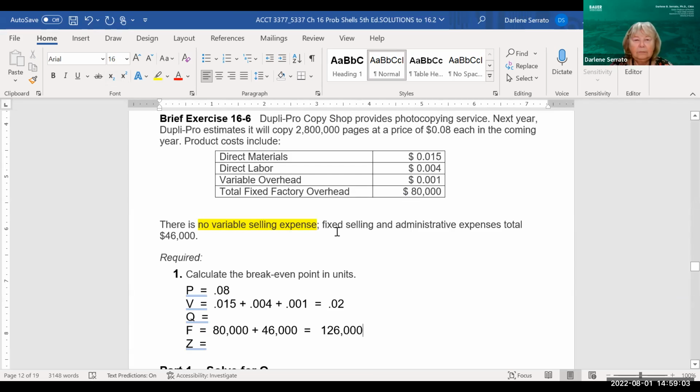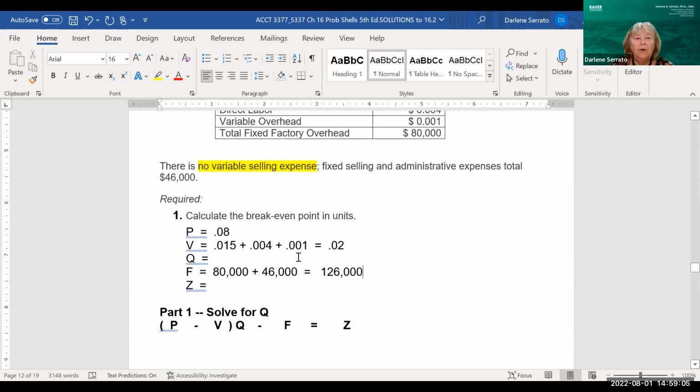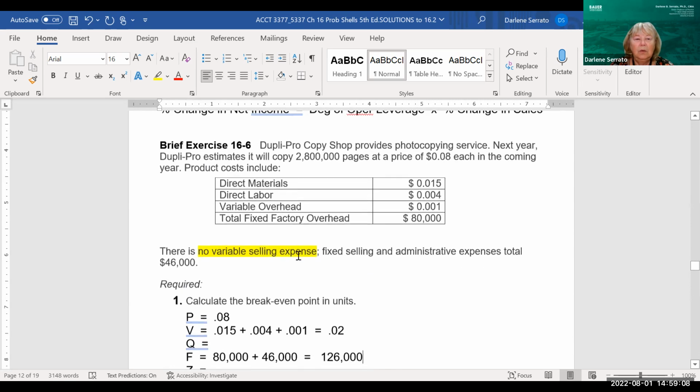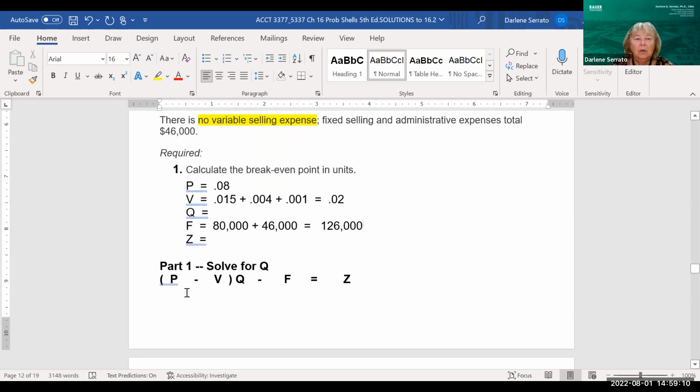Okay. Solve for Q. P of 0.08 minus V of 0.02 times Q minus F of 126,000 equals 0.